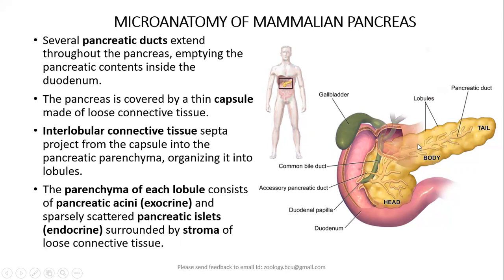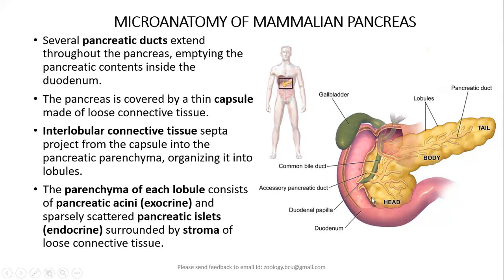The parenchyma of each lobule consists of lots of still smaller secretory units called the pancreatic acini.